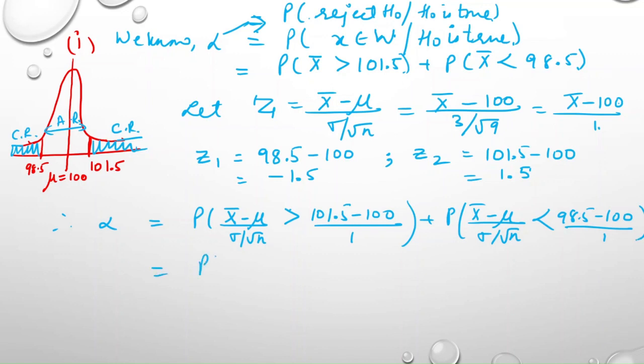So that's P of Z greater than Z2 plus P of Z less than Z1.